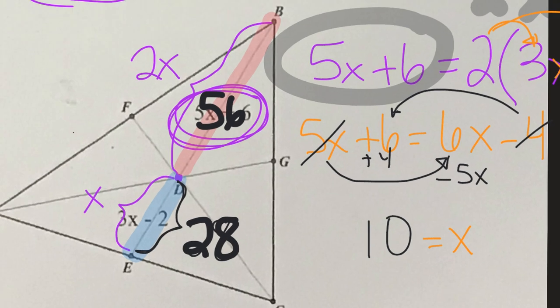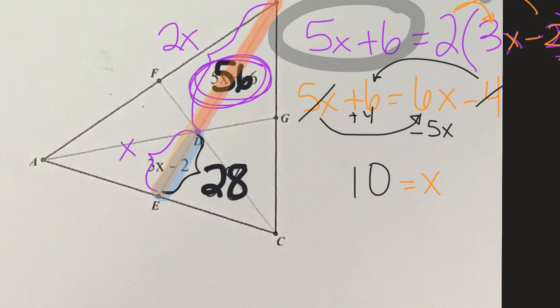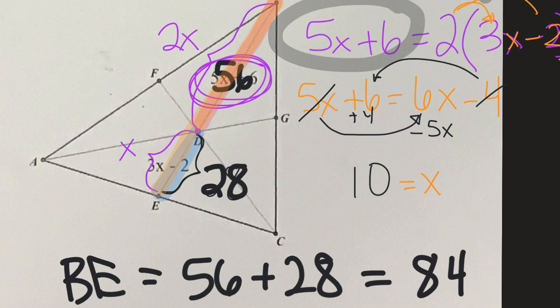So then what is the entire length from B to E? 56 plus 28. So BE equals 56 plus 28, which has a 4 in it, carry the 1. Is that 84?